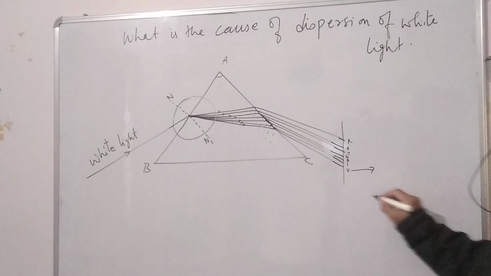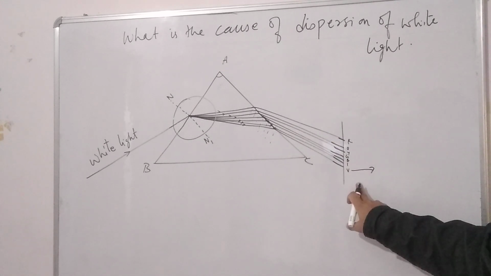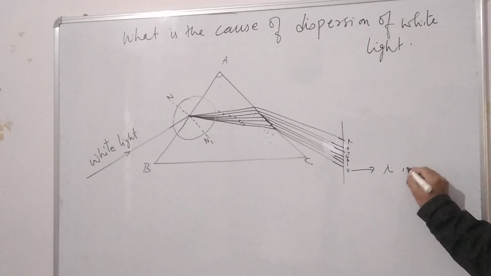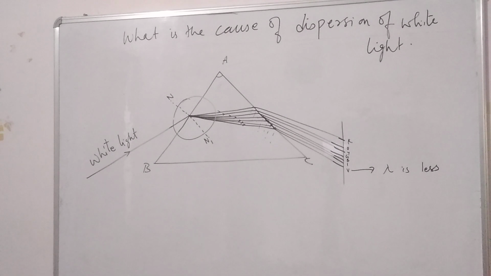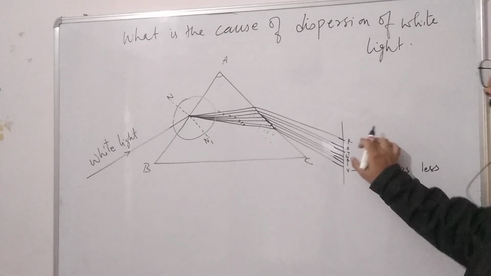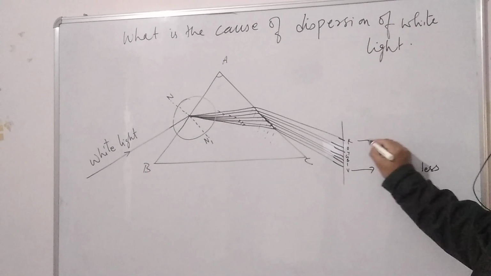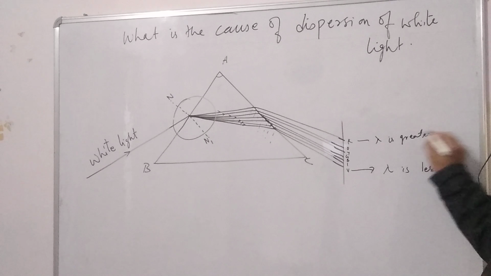Violet deviates the most, so its wavelength is less. Now red color deviates the least, so its wavelength is great.